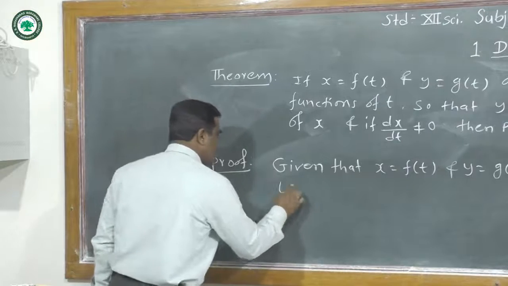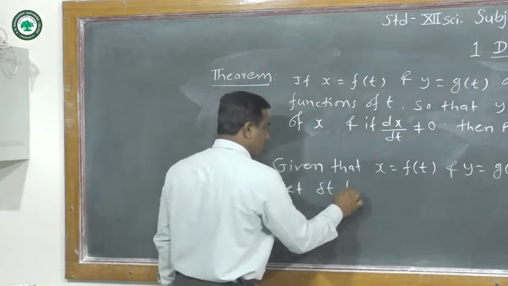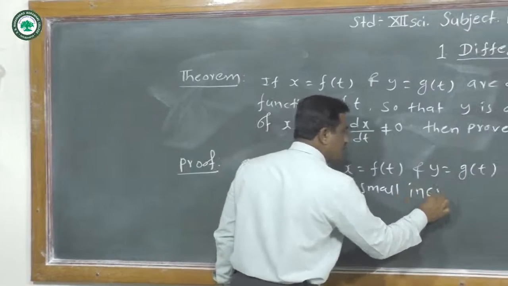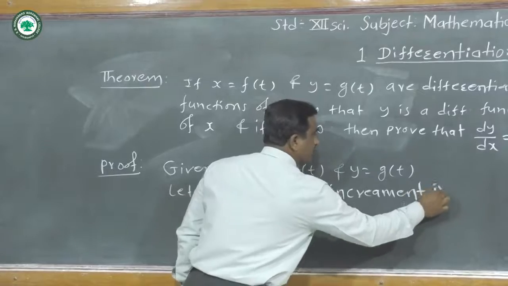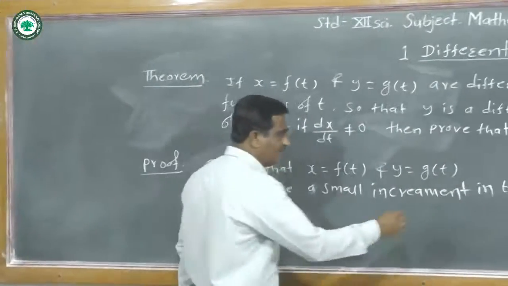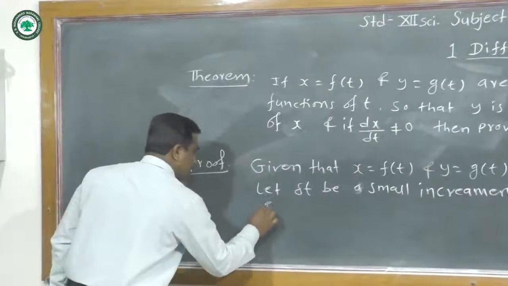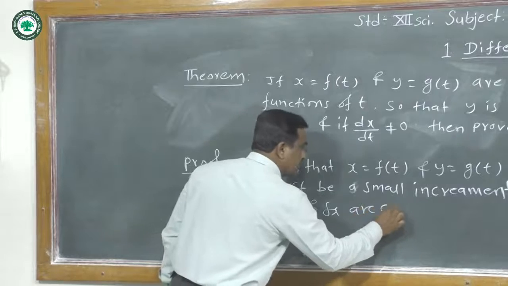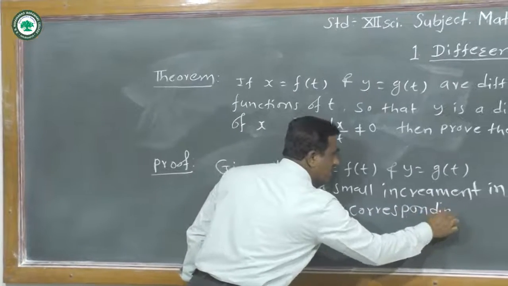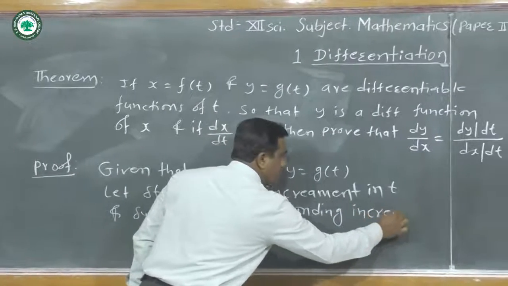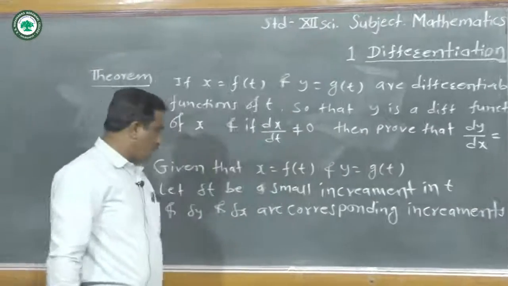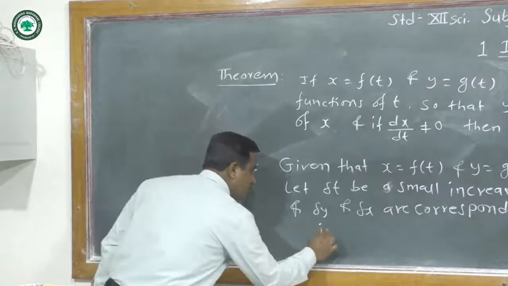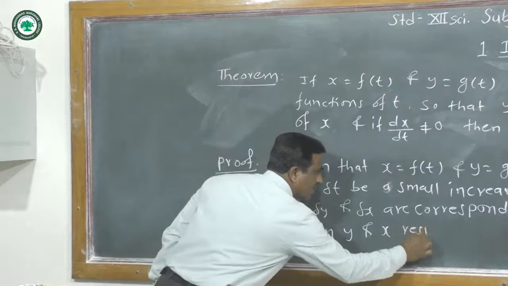Now let delta t be a small increment in t, and delta y and delta x are corresponding increments in y and x respectively.